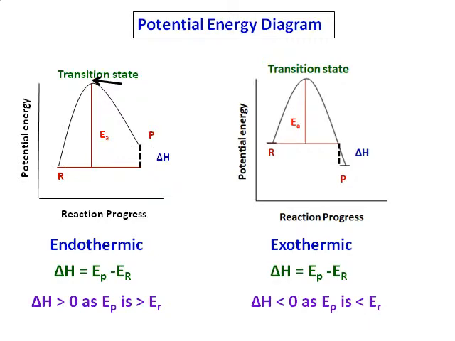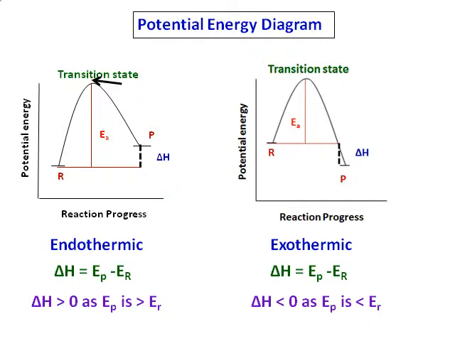So keep it in mind, endothermic delta H is positive, exothermic delta H is negative. This is what we have been learning from the previous chapters also, and our potential energy diagram also supports it. The new factor which you learnt in this diagram is the EA, the activation energy, which is the minimum energy a reaction has to pass through.